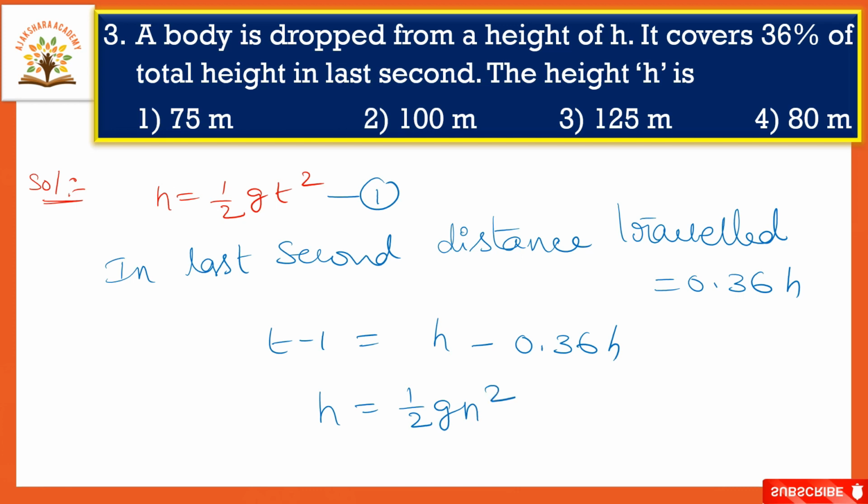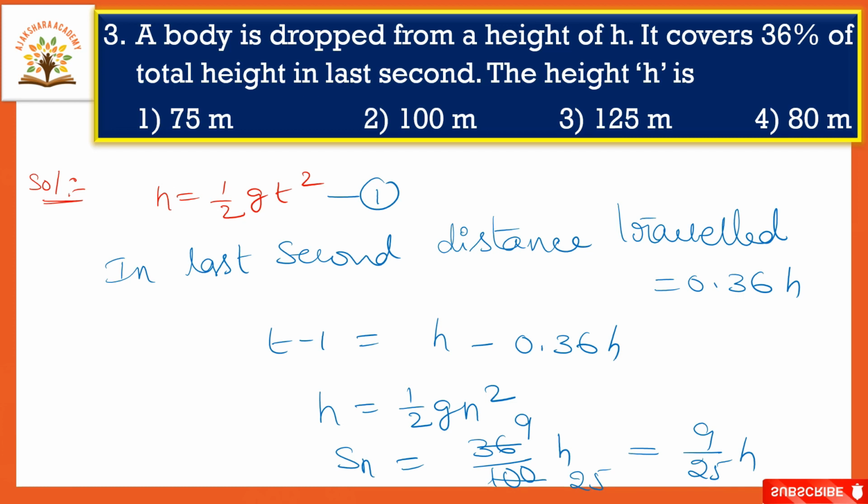So Sn is equal to, here they have given us 36 percent. So for the nth second, that is 36 by 100 into h. This can be written as, 4 nines are 36 and 4 twenty-fives are 100. So this is equal to 9 by 25 h.